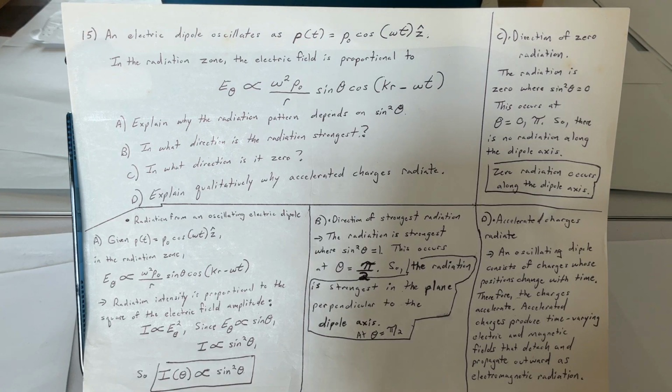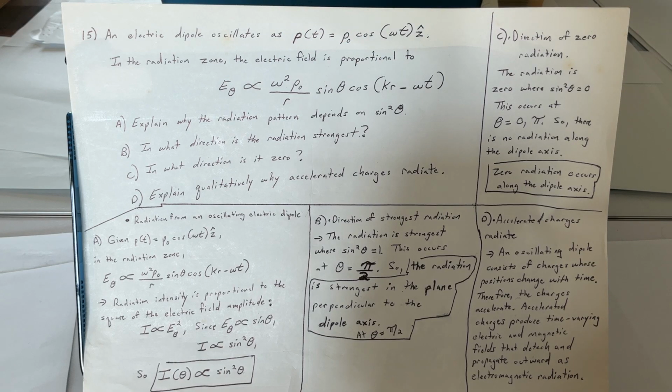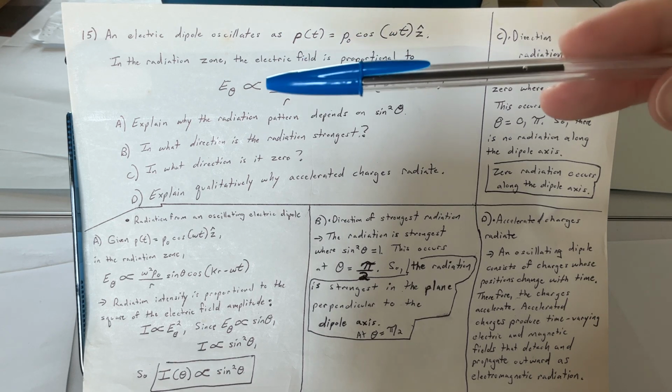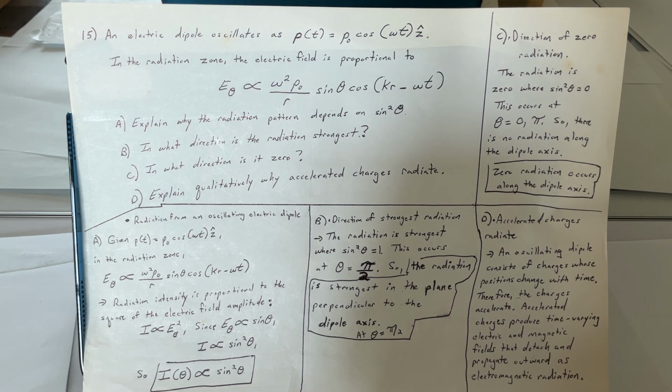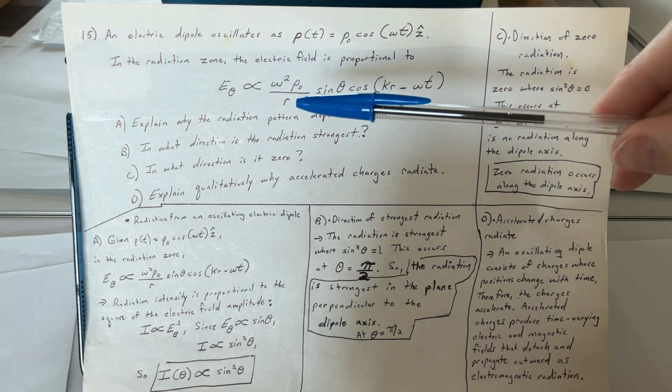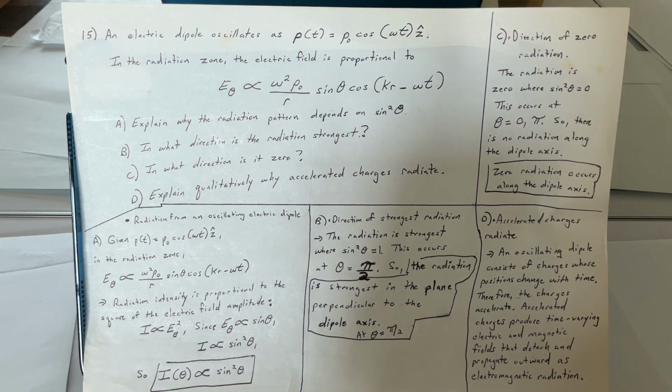We're given p of t equals p naught cosine of omega t z-hat. And in the radiation zone, the electric field E sub theta is proportional to omega squared p naught over r sine theta cosine of (kr minus omega t).